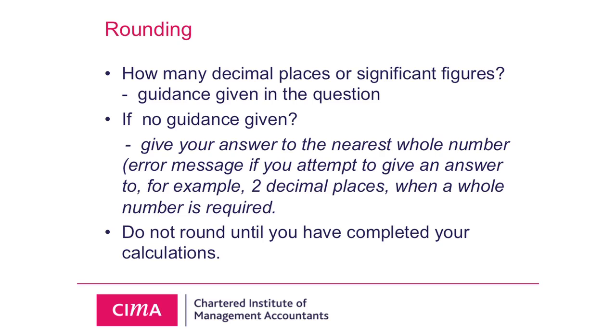For example, if you input an answer with 2 decimal places, when a whole number is required, you will receive an error message. You are advised not to round until you have completed your calculations. In other words, you only need to round the final figure that you intend to key in as your answer.